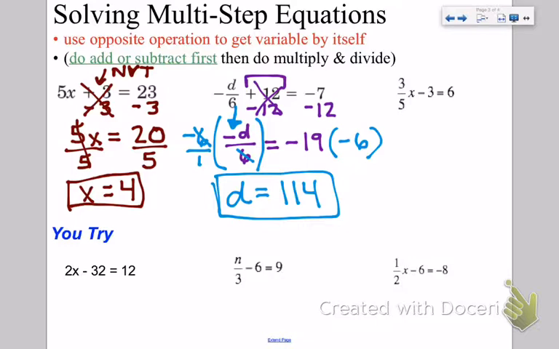Last example that I'm going to do with you guys is the third one. We can see that the minus 3 is our non-variable term.